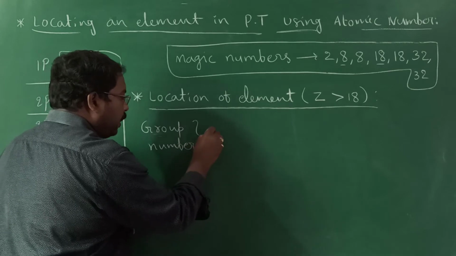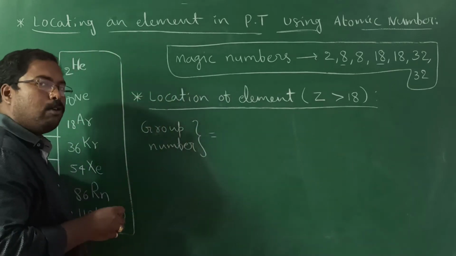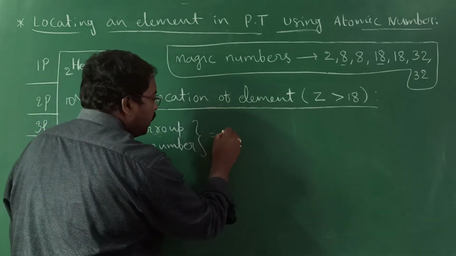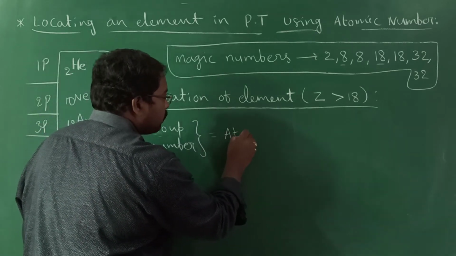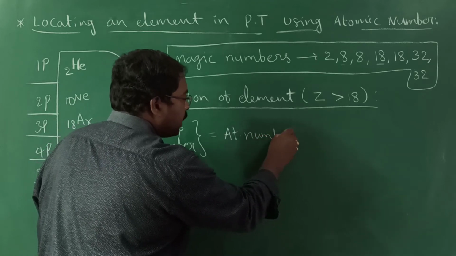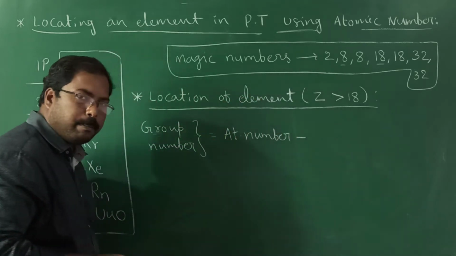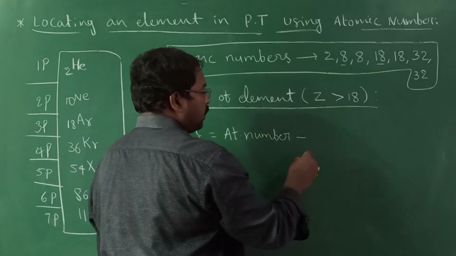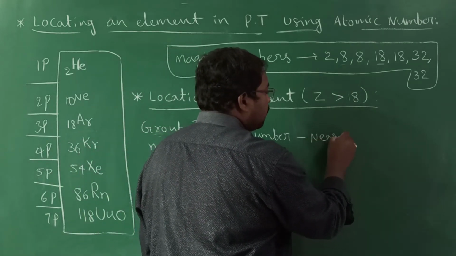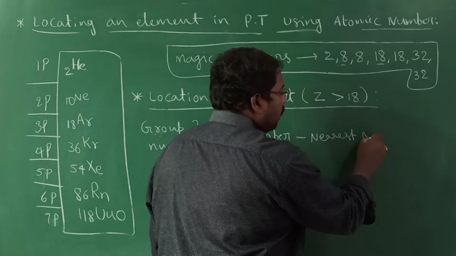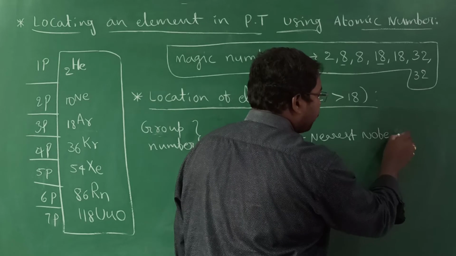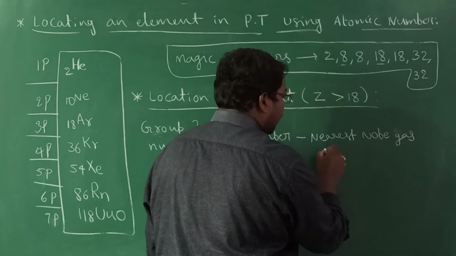The group number of the element is equal to the atomic number, whatever they give, minus the nearest noble gas atomic number.